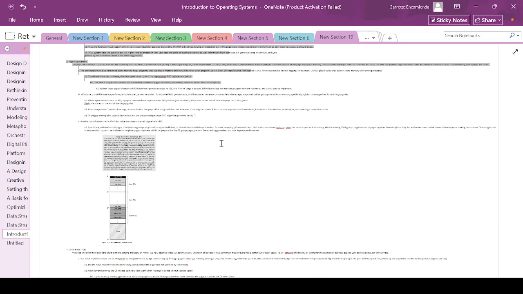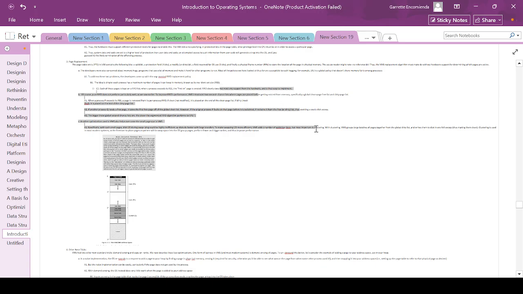FIFO clearly does not need any support from the hardware and is thus easy to implement. So it's another way of using policy to work around hardware limitation.